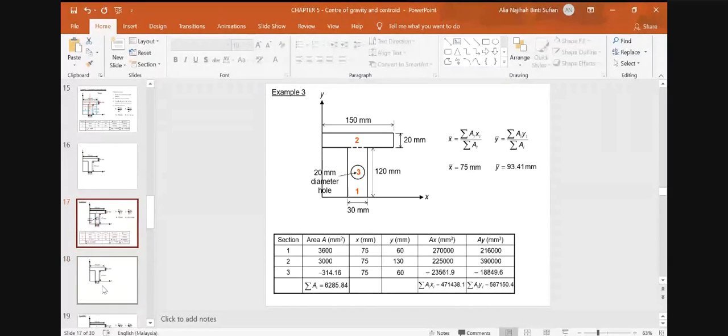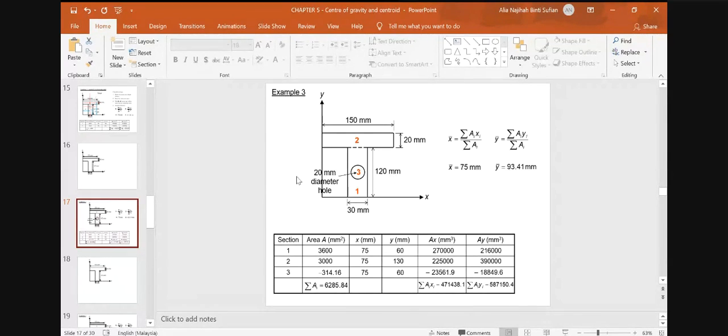Okay, now we go to the next example. The difference now is we have a hollow section. Part number 3 here is a hollow circular section with diameter 20 millimeter.